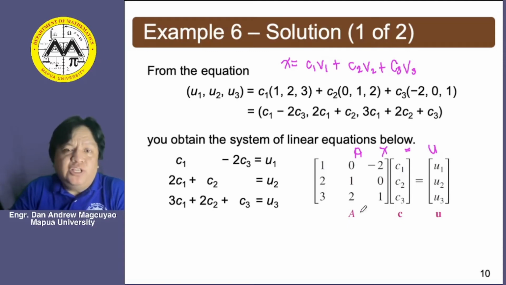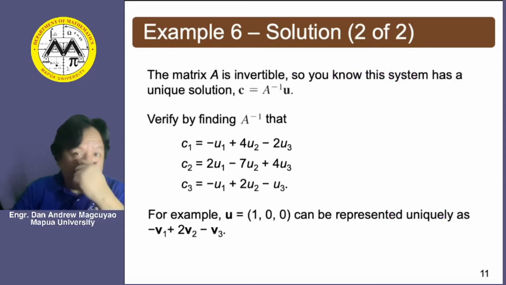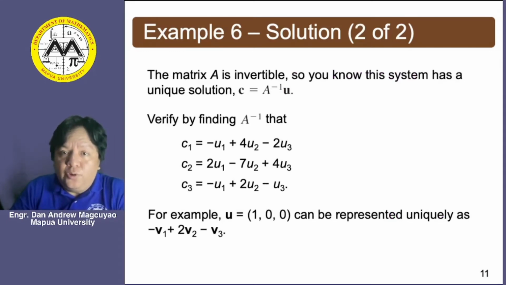We can solve this using Gaussian elimination or Gauss-Jordan elimination. The matrix A is invertible, so you know that the system has a unique solution, C equal to the inverse of A times u.